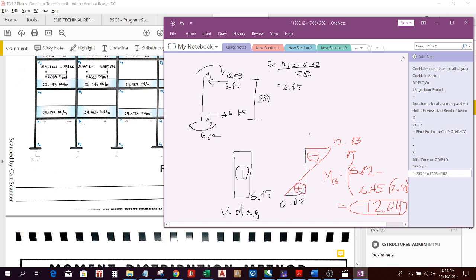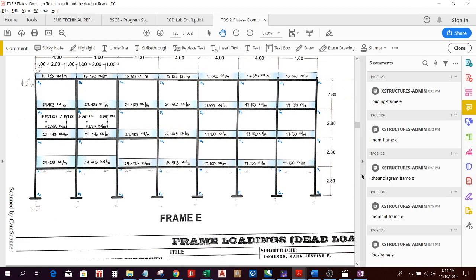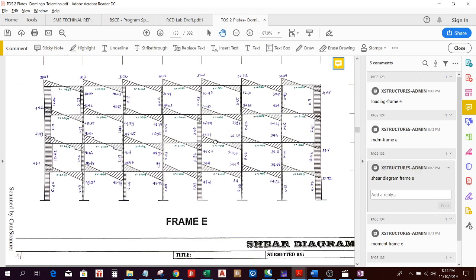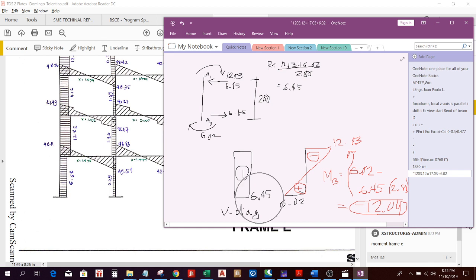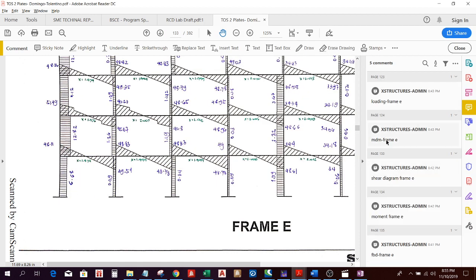Okay, this is a negative area and this is a positive area. So you should come up with this shape or diagram for shear and moment. So let's see. The shear diagram is this. So that is 6.45. This is a negative area about the moment.